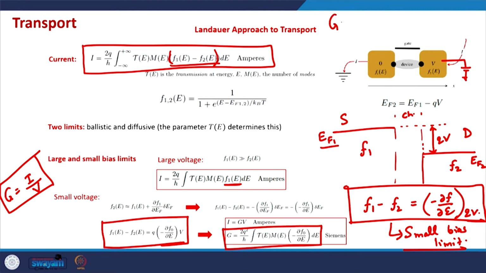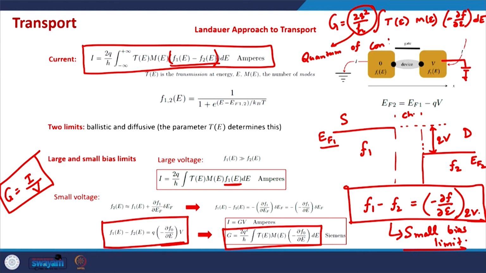So, the conductance turns out to be 2q square by h times the integration of Te Me times minus del f by del E dE, and this constant 2q square by h is a fundamental constant, also known as the quantum of conductance.